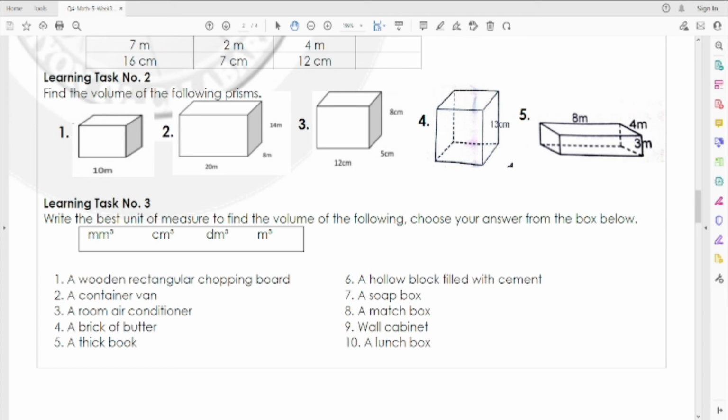Number 1, a wooden rectangular chopping board. What is the right answer for this given? Is it cubic millimeter, cubic centimeter, cubic decimeter, or cubic meter? We have 1 to 10 for that learning task.